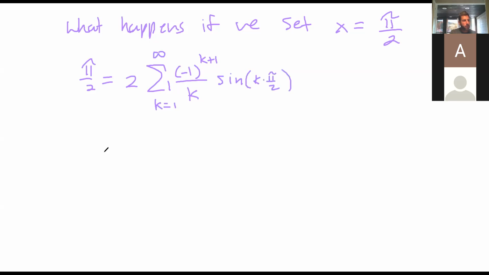And let's write out what these look like. When k... we have a 2 here, and by the way, let's get rid of that 2 right now because it's annoying. If I divide both sides by 2, I get pi over 4.